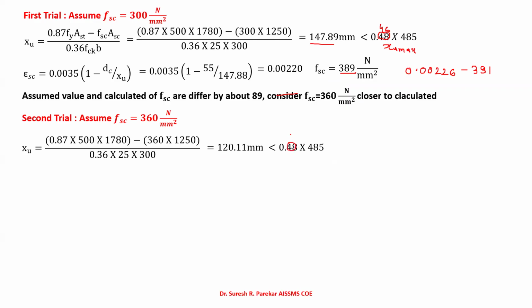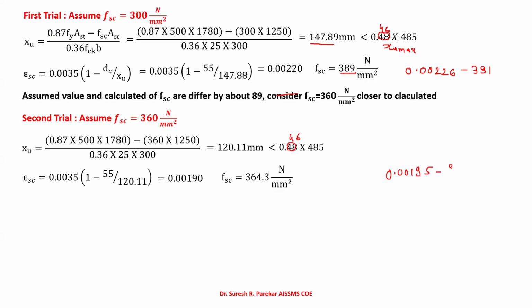Again, we have this as 0.46 into 485. So by substituting this value, I got 0.00190, and for this 0.00195, we have the value that is 369.6. So I have considered now closer to it, because we have this value 360 and 369.